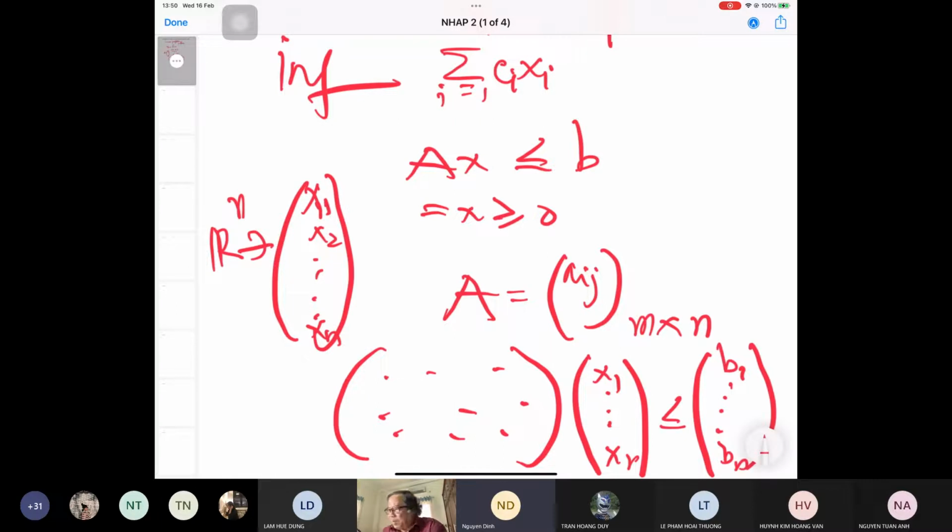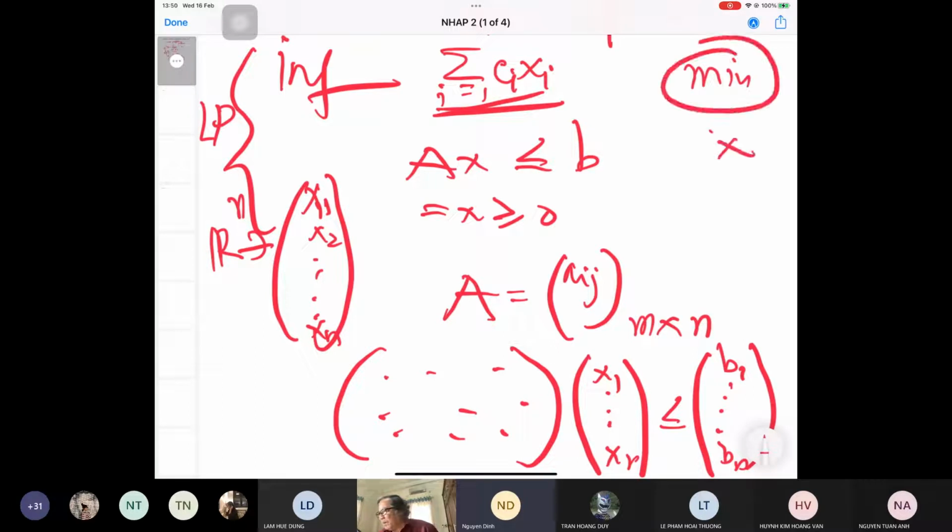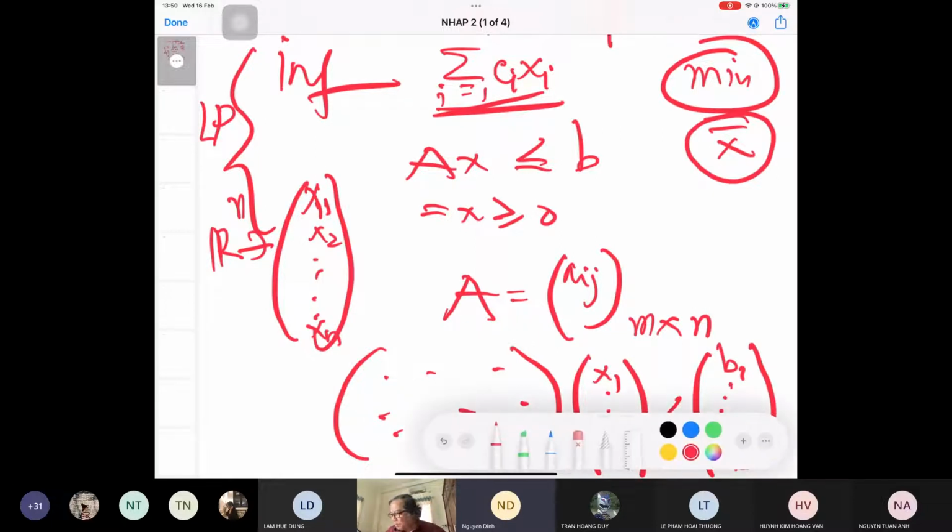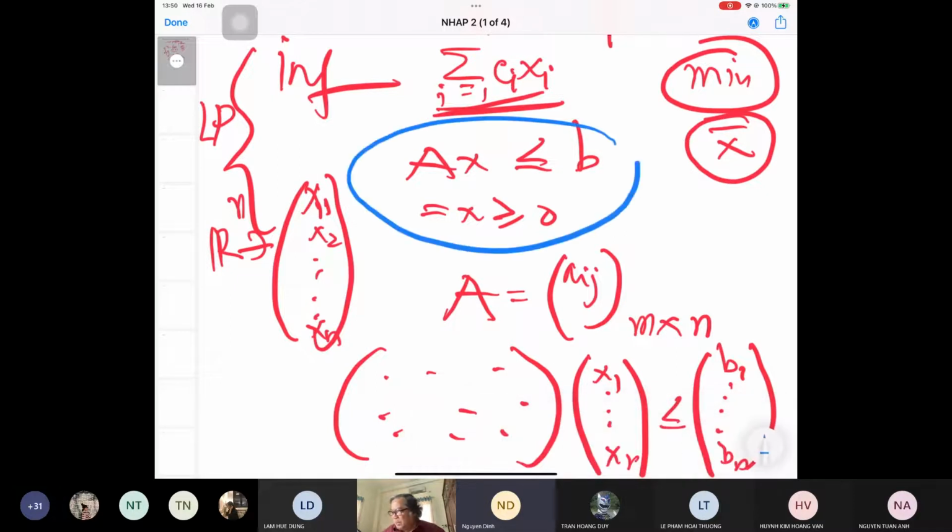So a problem like this is called an LP, that's linear programming. Find x such that this function with given c_i attains the minimum. Find x bar, the solution, such that among all the x satisfying this condition, this sum becomes the minimum, and that is the solution.